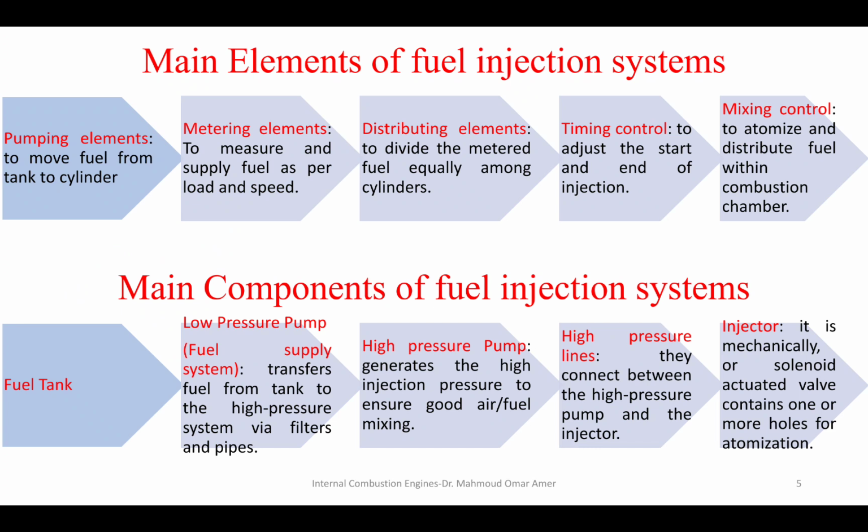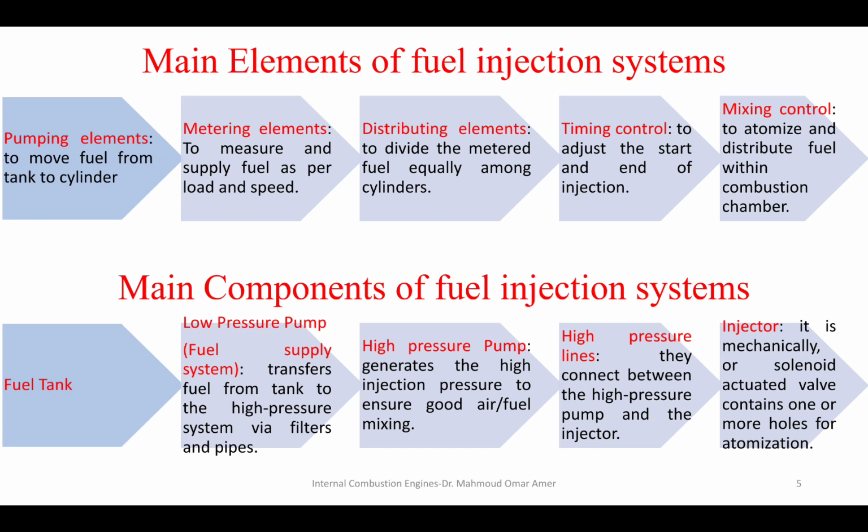So if I want to raise the pressure from 1 bar to 1,000 bars, the pressure ratio will be 1,000. But if I raise the pressure from a slightly higher pressure, maybe 5 to 1,000, the pressure ratio will be 200 only. So I will need a simpler pump with less power consumption for the high pressure pump.